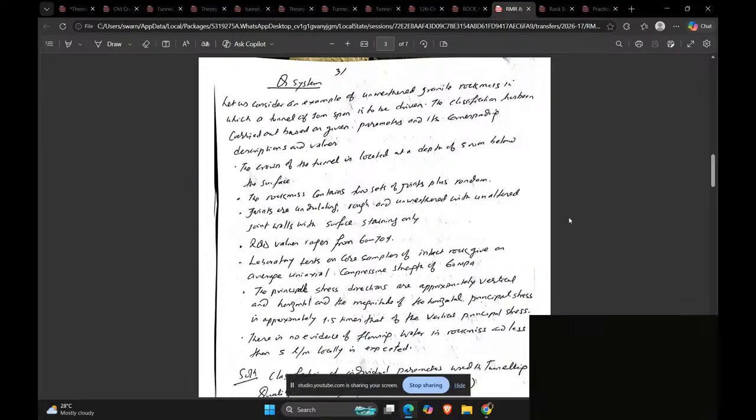The joints are undulating. Laboratory tests on intact core samples give the average.